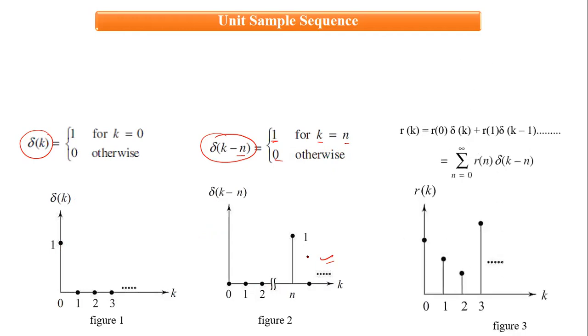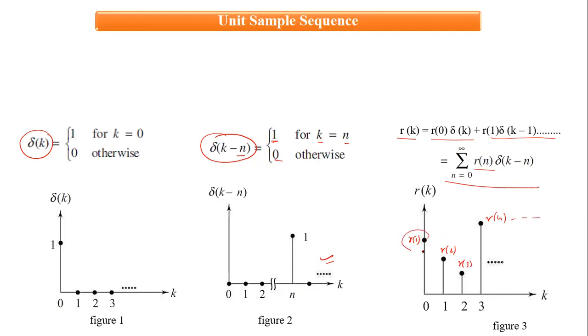Now if you see closely, a sample sequence can be represented by this particular equation. Any arbitrary sample sequence, irrespective of its magnitude, is basically the sum of various sample sequences and delayed sample sequences. Its common formula is this one, where Rn would be the magnitude of the samples. So here let us say this is R1, this is R2, this is R3, and this is R4 and so on, right?